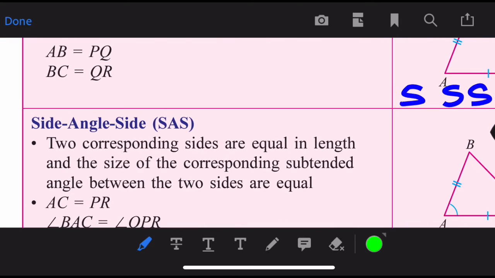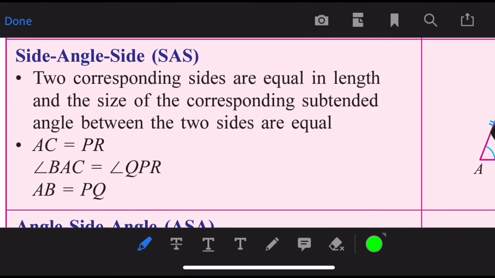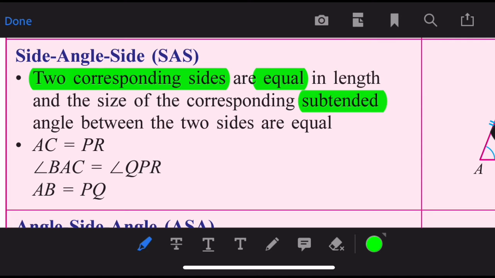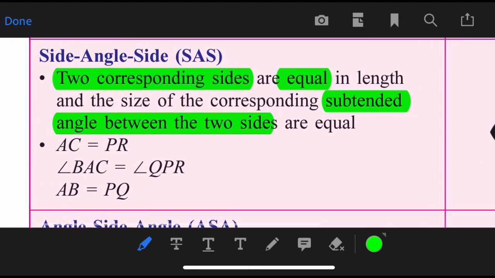Okay, then we also have SAS. For SAS, we have two corresponding sides that are equal in length, and the size of the corresponding subtended angle between the two sides is equal.